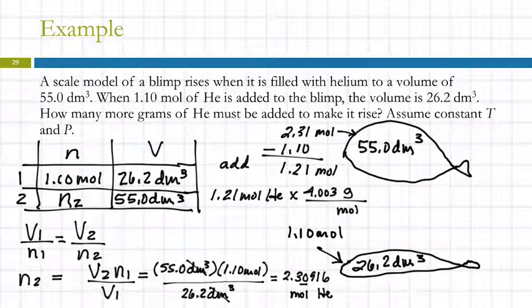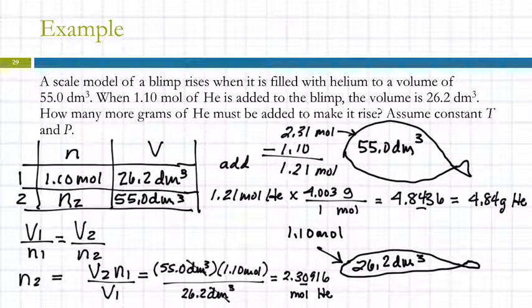It's 4.003 grams per mole. So 1.21 times 4.003. So 4.84 grams of helium.